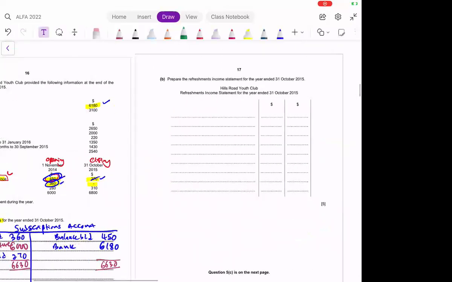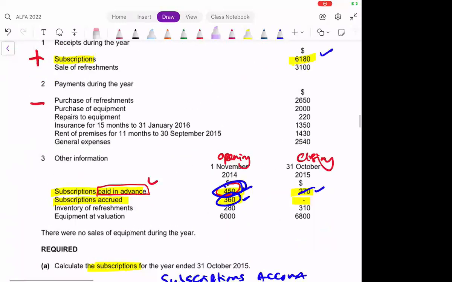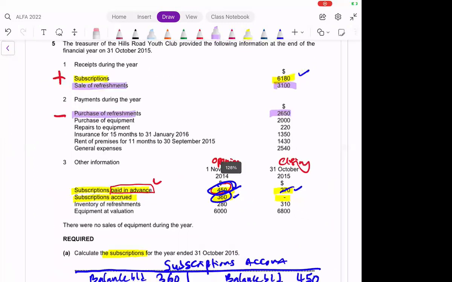Okay, the second question, they asked me to do the refreshment income statement. I'm going to highlight all the information related to the refreshment income statement. Sales of the refreshments, purchases of refreshments. Do you have any other refreshment?